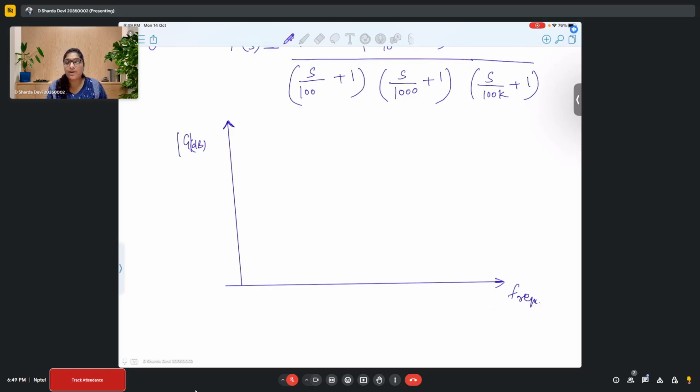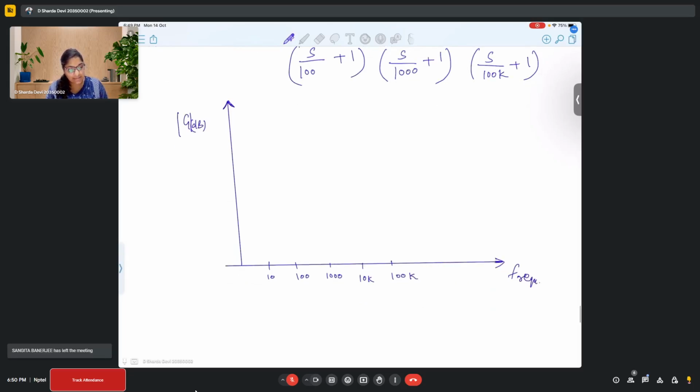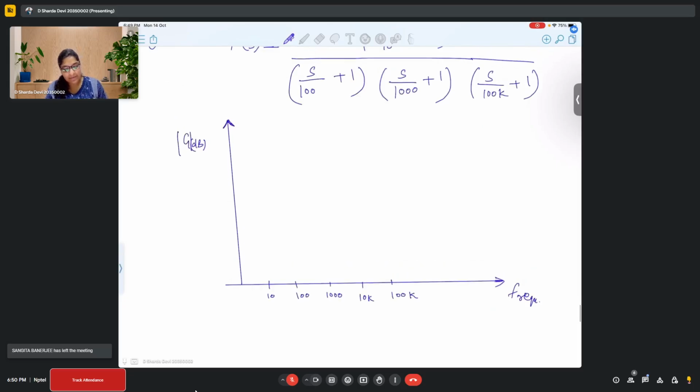Semi-log plot means one axis is in log, whereas the other axis is linear. When we say log axis, that means it increases by a factor of 10. So it's a decade plot, every step is 10 times the previous one. Okay, so we have prepared the layout for our plot.